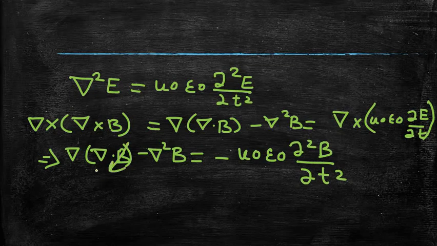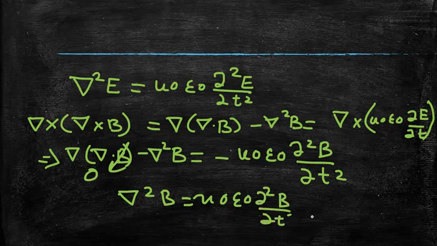Again this goes to 0 because del dot B is 0. So this comes out to be del square B is equal to mu 0 epsilon 0 dou square B by dou t square.